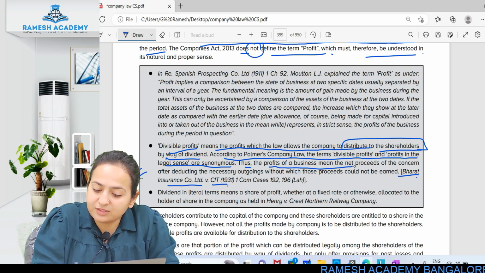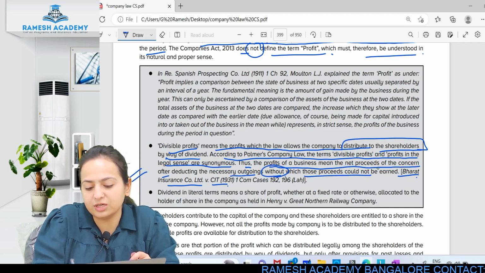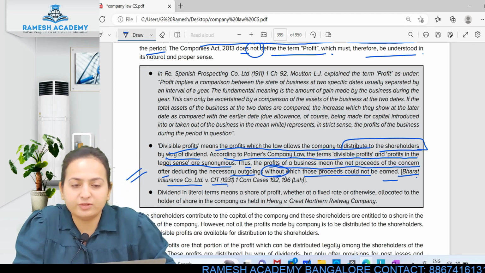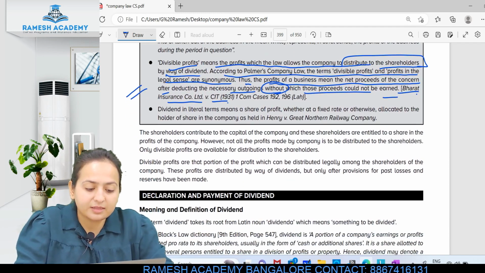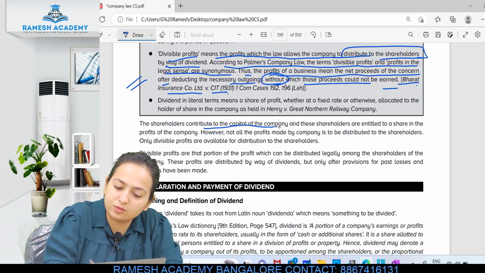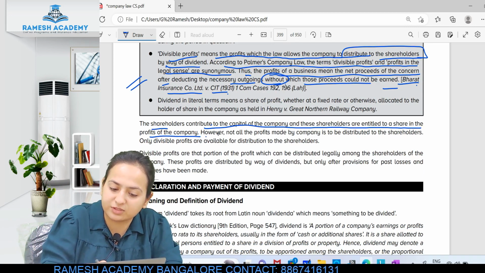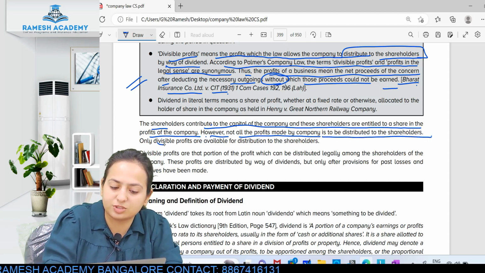Thus, the profits mean the net proceeds after deducting the outlay by which those proceeds could be earned. So profits are what? Nothing but income less deductions. The shareholders contribute to the capital and these shareholders are entitled to the share of the profits. However, not all the profits made by the company are to be distributed.